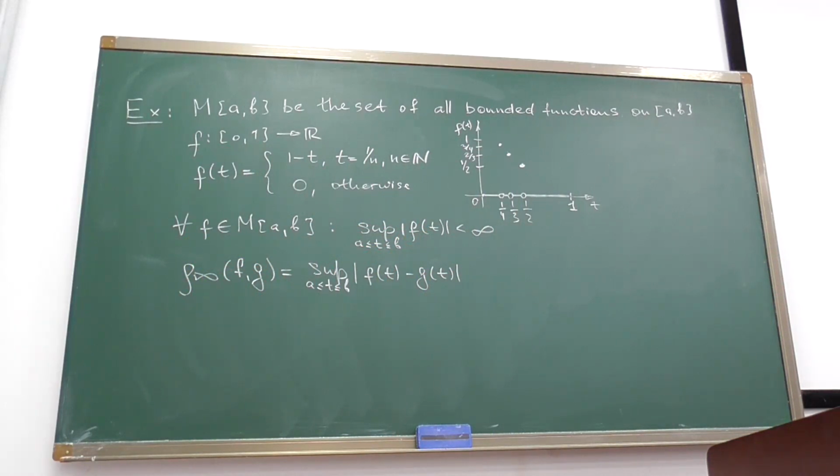In a similar way to the case of sequences, it can be shown that this is a metric. The first two axioms are quite straightforward, but for the third axiom, you should use the triangle inequality for the absolute value and the property of supremum.